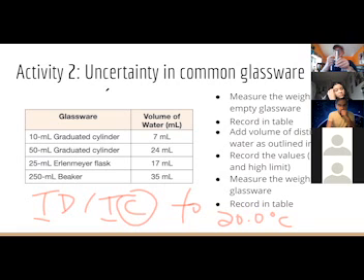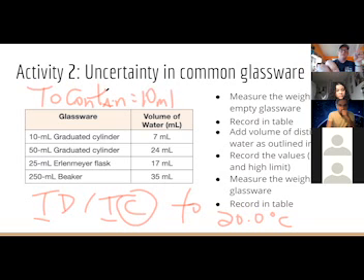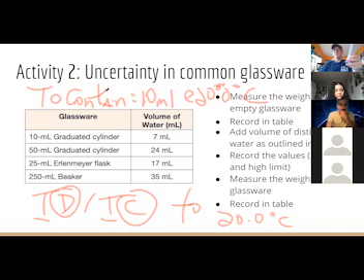So basically this thing is designed to contain 10 mils at 20 degrees C. So TC means to contain 10 mils at 20 degrees Celsius. It also will do something else. It will also D 10 mils of water at 20 degrees C.